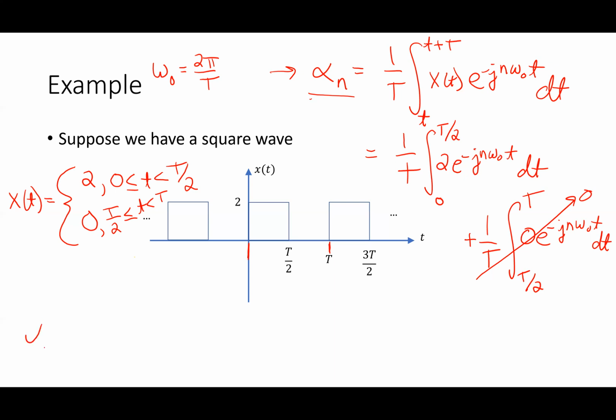So my alpha n value now is 1 over T integral 0 to T over 2 times 2e to the negative j n omega naught t dt. All right, now that is ugly, but it's not hard. If I look at that problem, it's basically like I have the integral of e to the at dt.